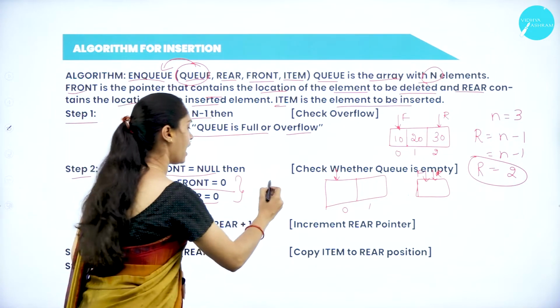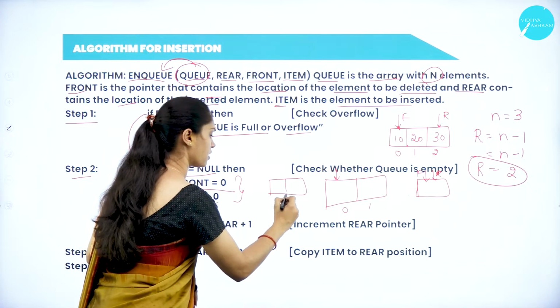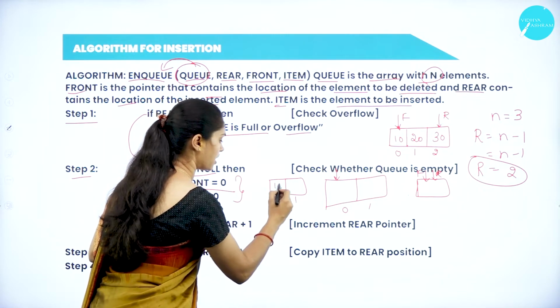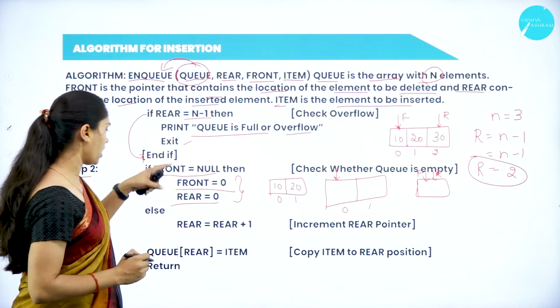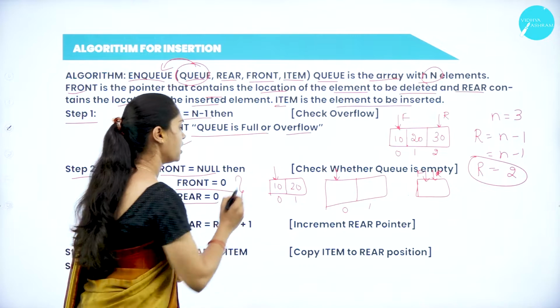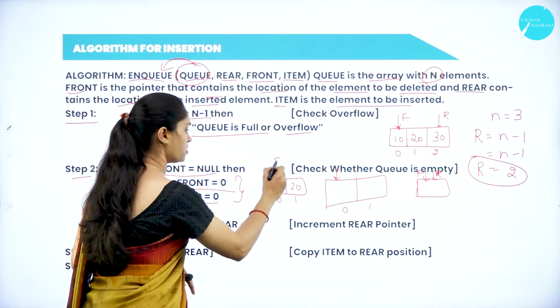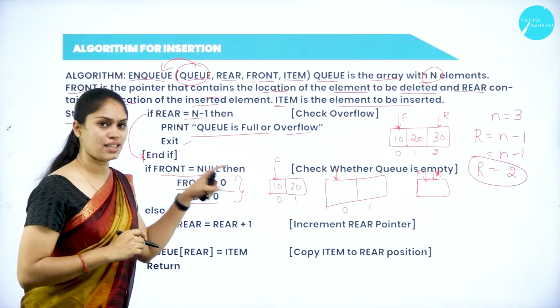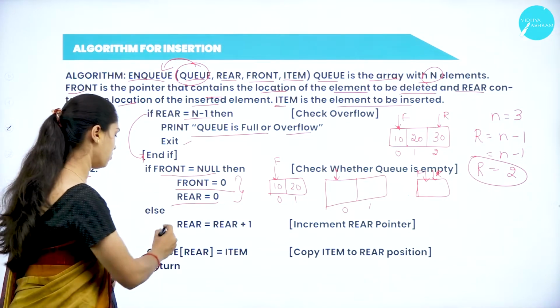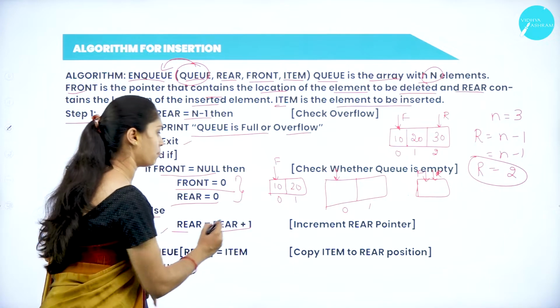For example, I have created a queue which is an array with 10, 20. If front is not equal to null, here it is indicating the 0th position, which has an element 10. When this condition becomes false, it comes here: rear is equal to rear plus 1.